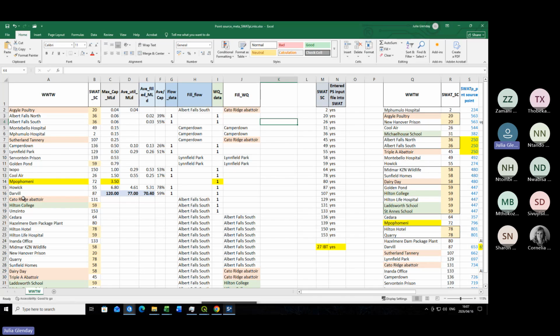Then make assumptions about these other wastewater works inputs. I know it's a lot to cover and it's hard to see on the screen, but if you have questions, you can email, and we'll have some back and forth on this now that you've seen what it looks like a bit more.